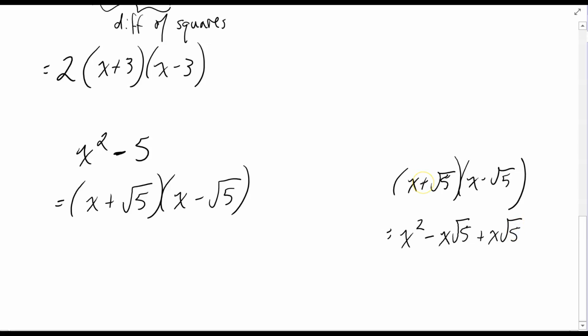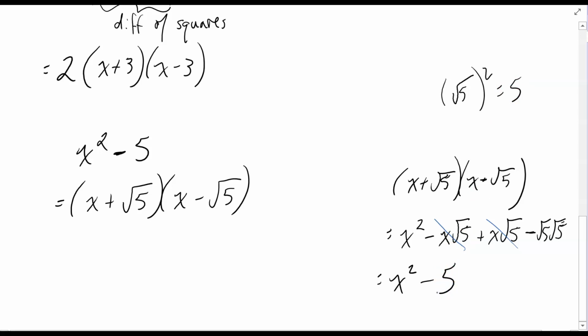And then plus root 5 times minus root 5 will be minus root 5 times root 5. Now notice, minus x root 5 plus x root 5, they wipe each other out. And minus root 5 times root 5, well, that's root 5 squared. Root 5 all squared is equal to 5. Okay?